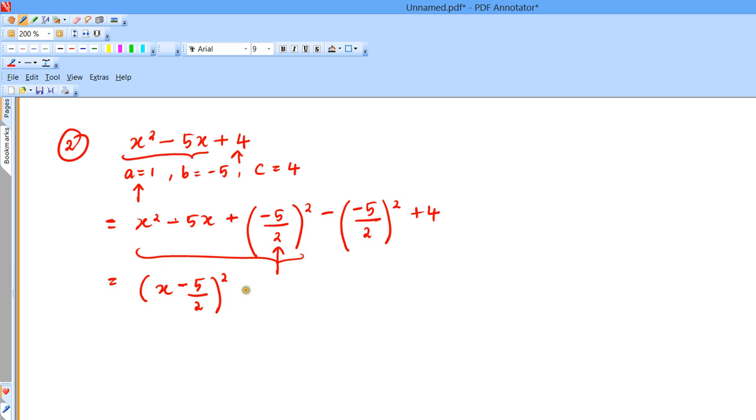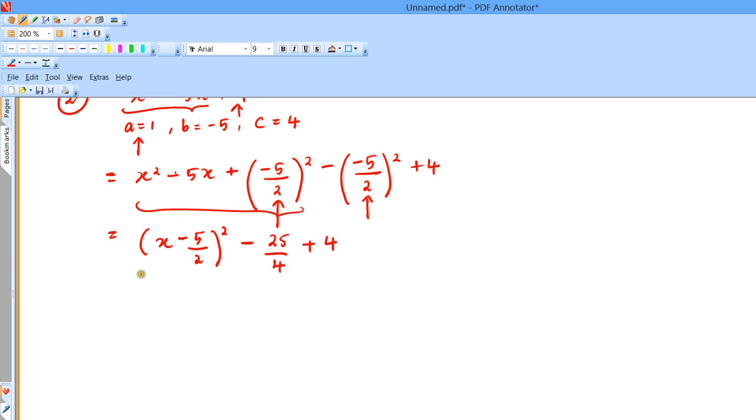Next minus this term, which if you square, we get 25 over 4, plus 4. Final answer equals (x minus 5 over 2) squared and then minus 9 over 4.